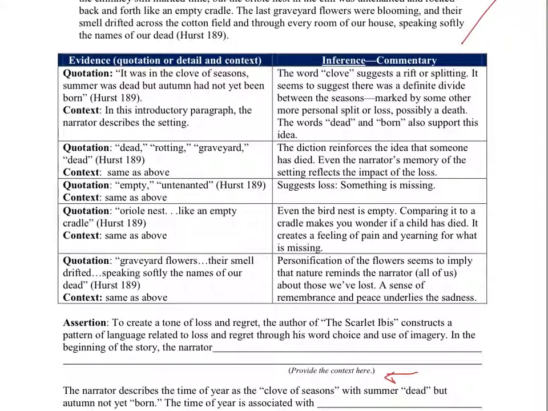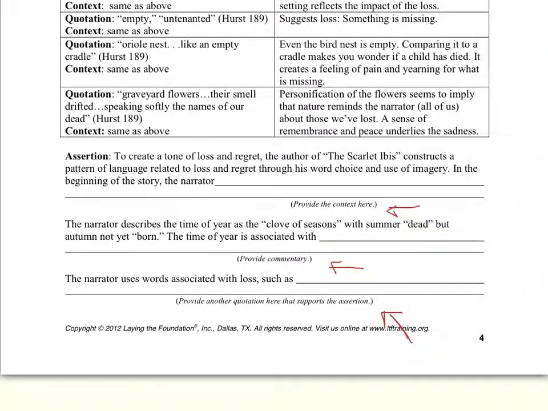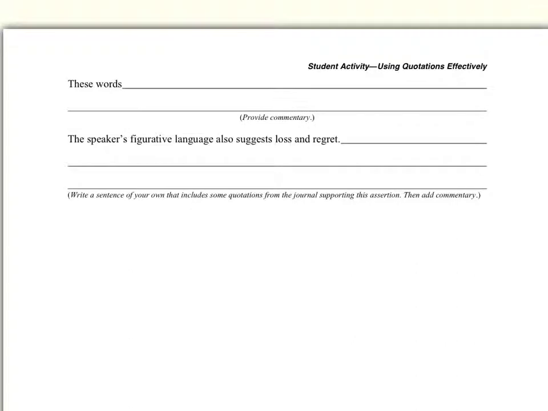All of the information you need is in this journal. There is some more on the back. So some more commentary, and then there's the connection with the figurative language as well. Alright, good luck. If you have any questions, let me know and I'll do my best to help you out.